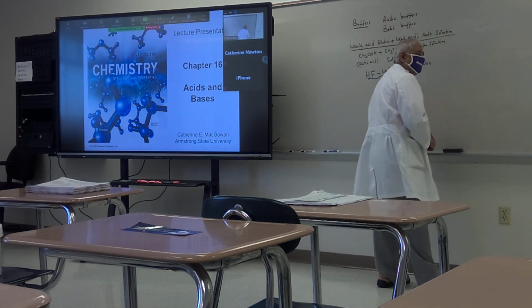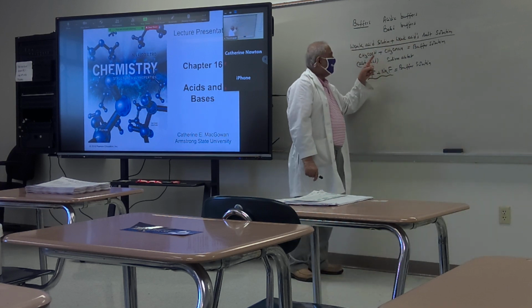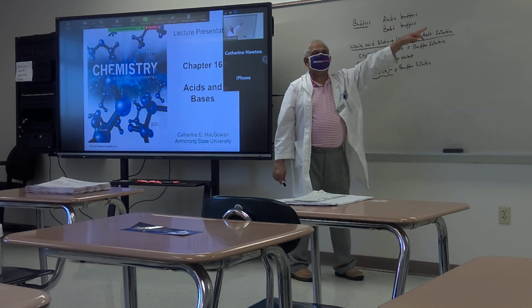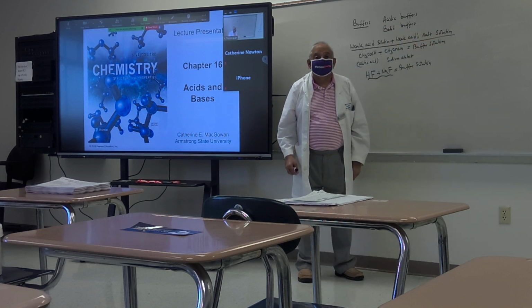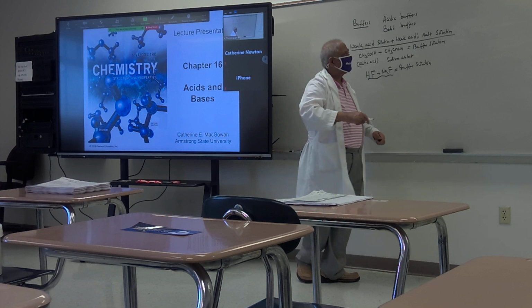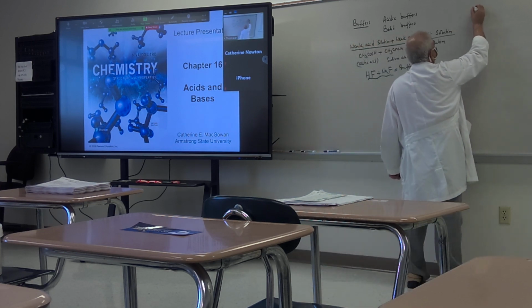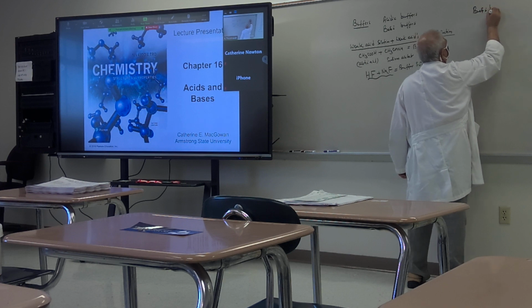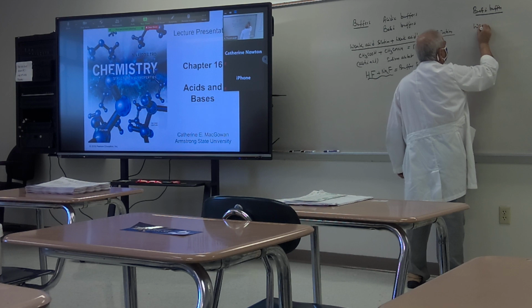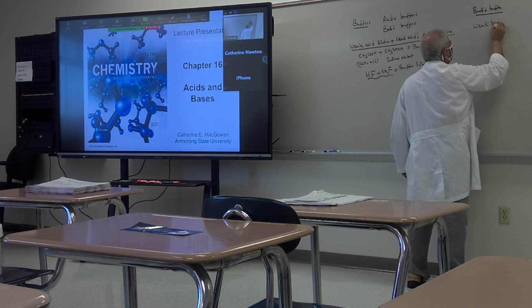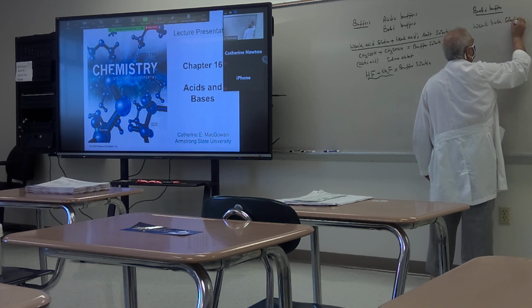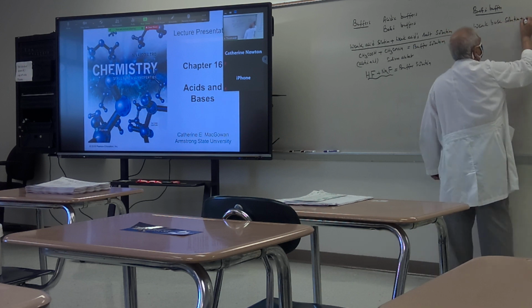In the case of acidic buffers, you started with a weak acid and its salt. For basic buffers, you are going to take a weak base and its salt. You understand? For basic buffers, you are going to mix a weak base solution and its salt.